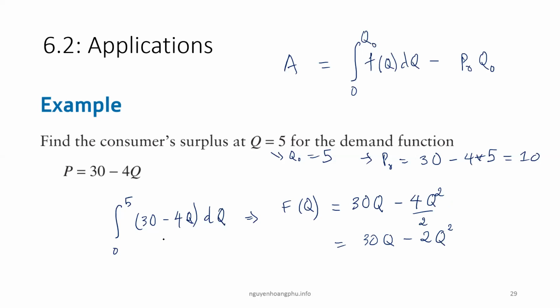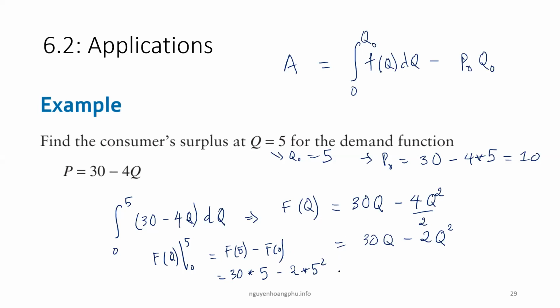Then the integral from 0 to 5 is equal to F(5) minus F(0), which is 30 multiplied by 5 minus 2 multiplied by 5 square.